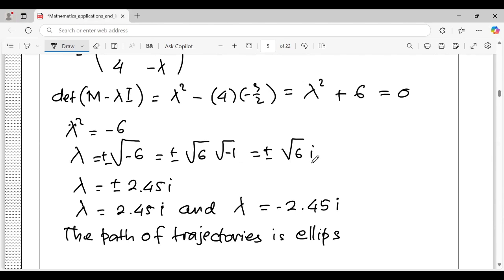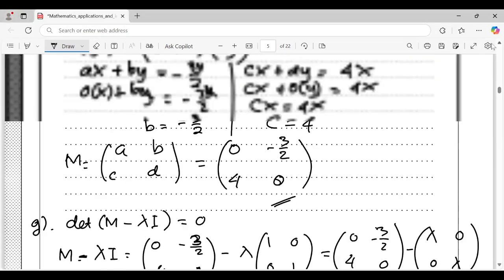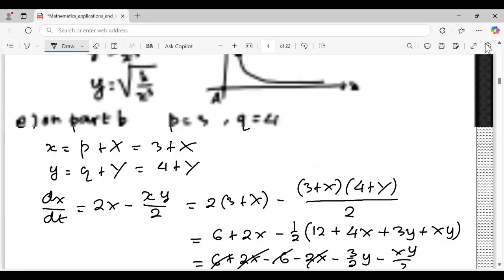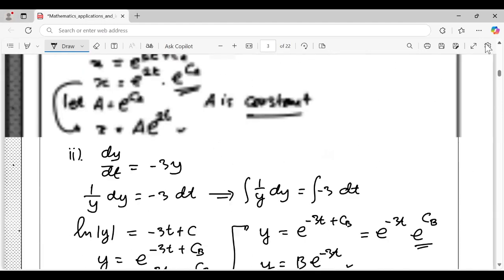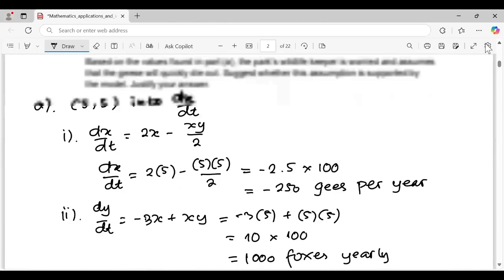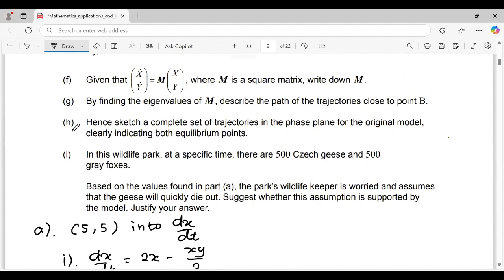Later on, in the next question, we're going to sketch. Next question, H: sketch a complete set of trajectories in the phase plane for the original model, clearly indicating both equilibrium points.